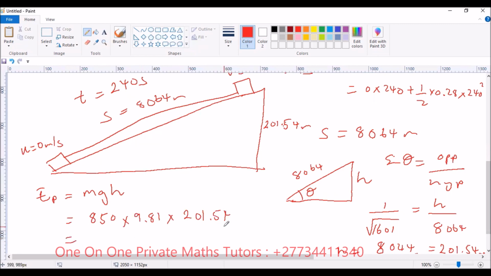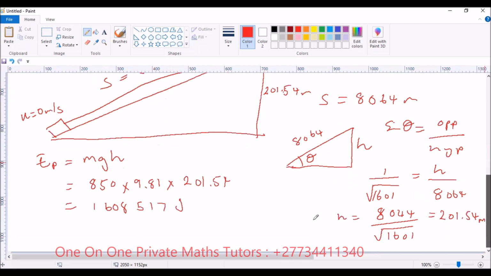Now this will give us an energy of 1,608,517 joules, which we can say is equal to 1.61 megajoules.